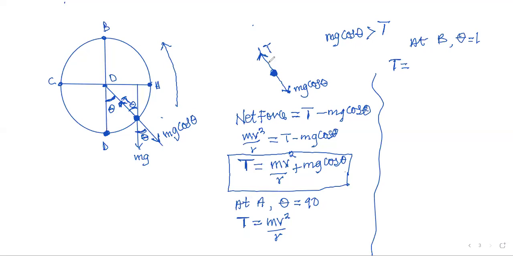Let's hurry up. What is T when theta is 180, or when the body is above the circular path, up here?